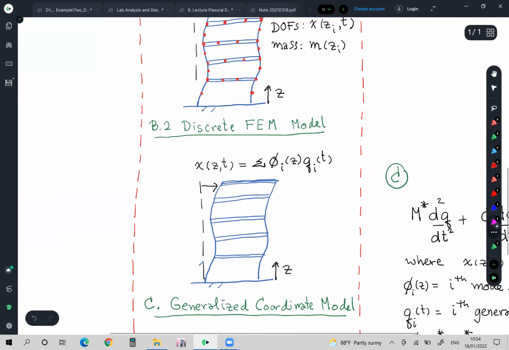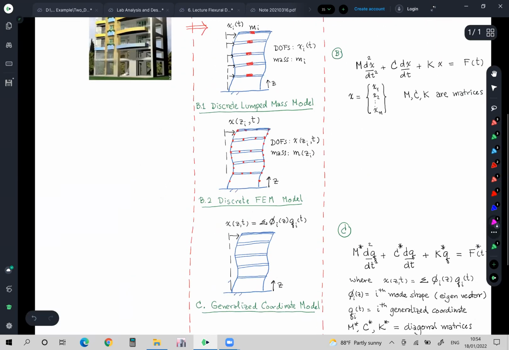And for the last one, it is the same: the mass is distributed along the height of the building, exactly the same way as in modeling the generalized coordinate system. Look at the last column.